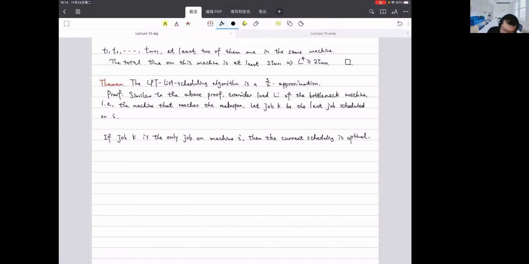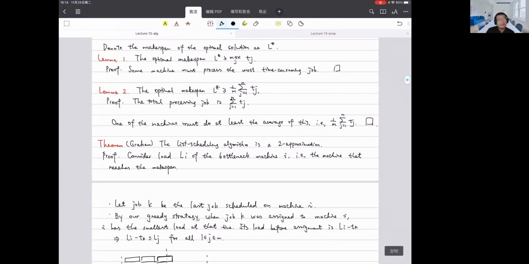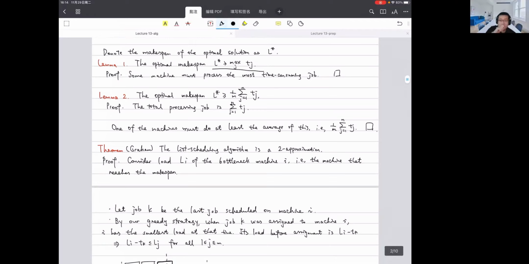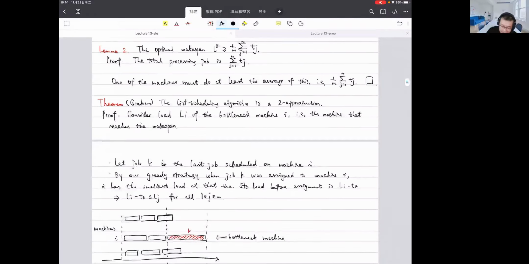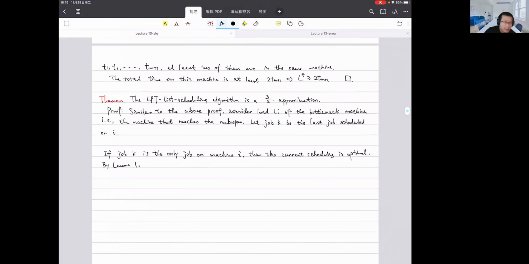So why is this the case? By lemma 1, L star is larger than or equal to the max of all the tj, the job taking the longest processing time. Why is this optimal? By lemma 1, L star is larger than or equal to the maximum among all the processing times.